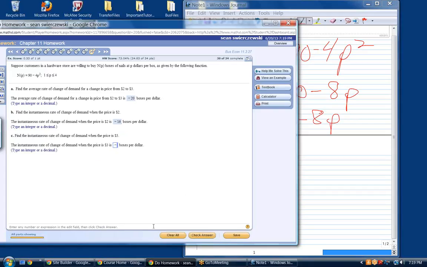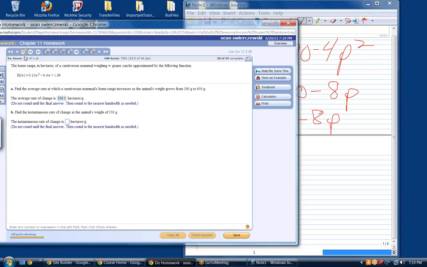Negative 24. Now what? Hit this arrow? Yep. And that was 21, right? Or no, that was 20. Okay.